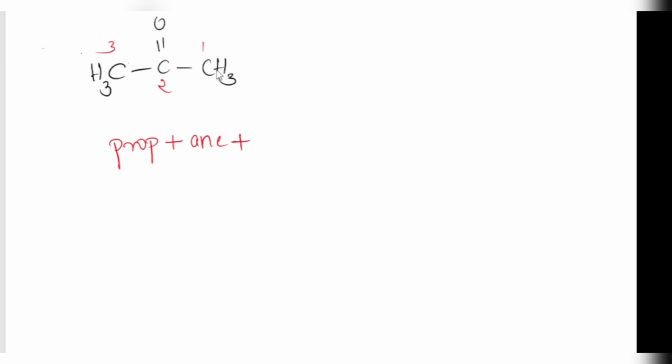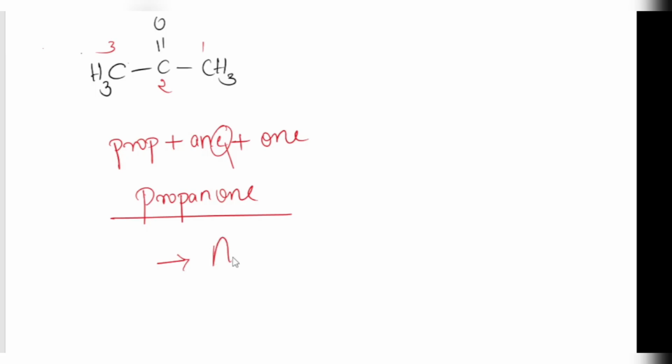And what is the secondary suffix? That is, what is the functional group? That is ketone. If an alkyl group is there and on the other side also an alkyl group, and in between the carbonyl group is there, that particular compound is called a ketone. ONE is the secondary suffix. Elision of E has to take place, and finally we will get the name as propanone. Propanone is the IUPAC name for this particular molecule, and we call it acetone.